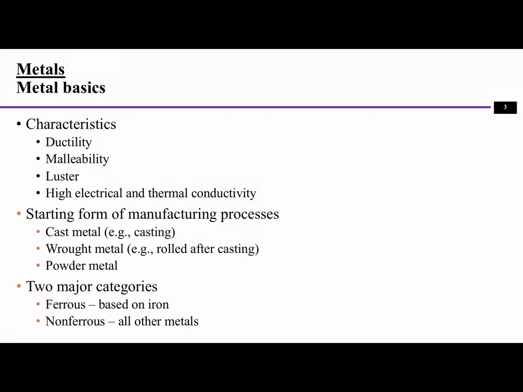All right, first, metals. So metals usually have some very common characteristics. For example, ductility, malleability, and luster, and also high electrical and thermal conductivity, all related to the crystalline structure. And usually the starting form of the manufacturing process of a metal is cast metal, or wrought metal, or powder metal.